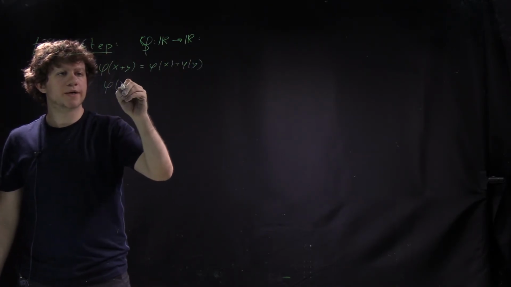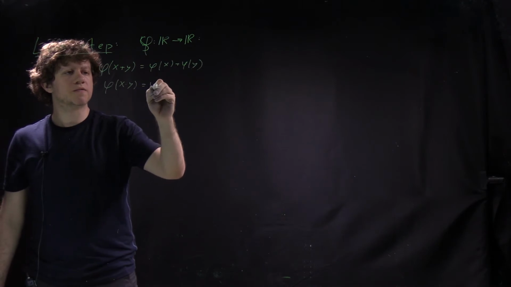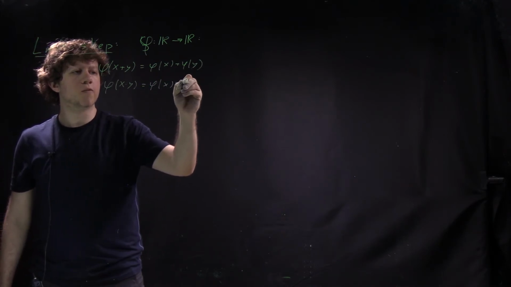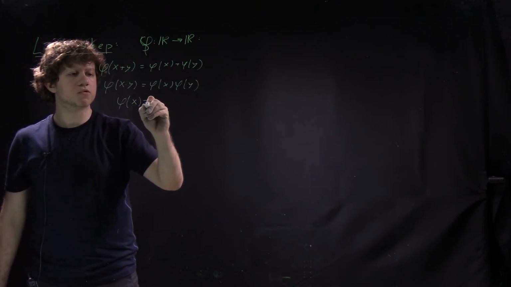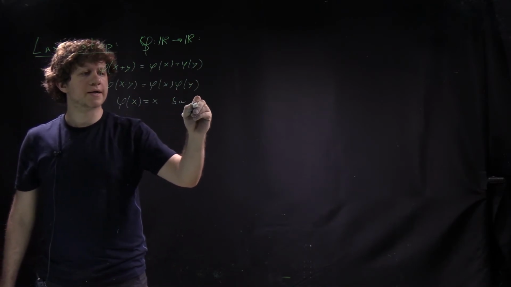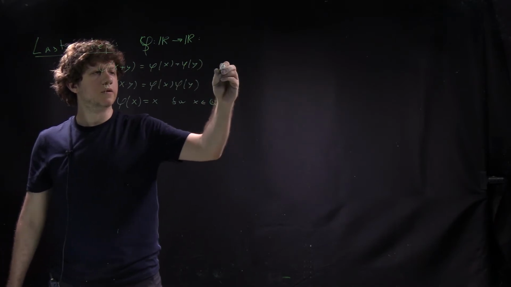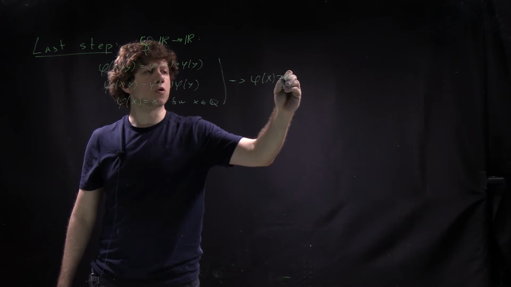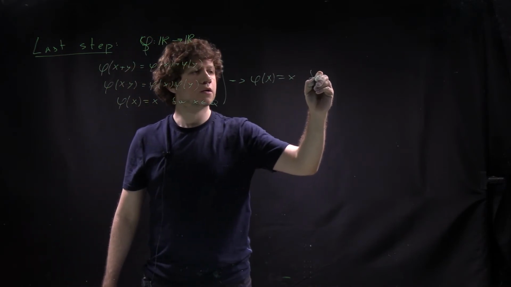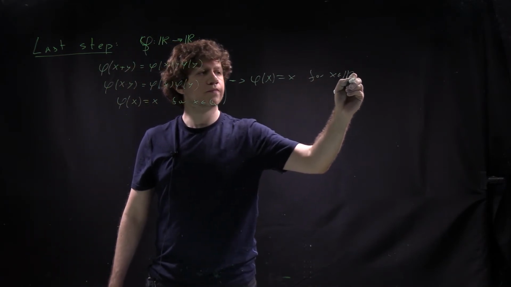Phi of xy equals phi of x times phi of y, and phi of x equals x for x in Q. Then phi of x is always equal to x for any x.